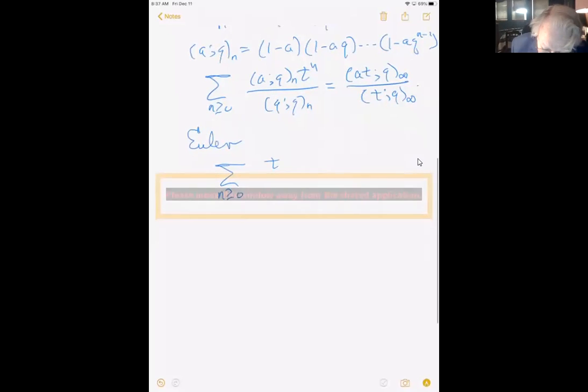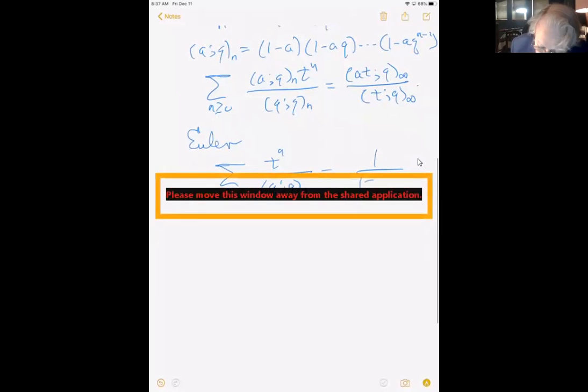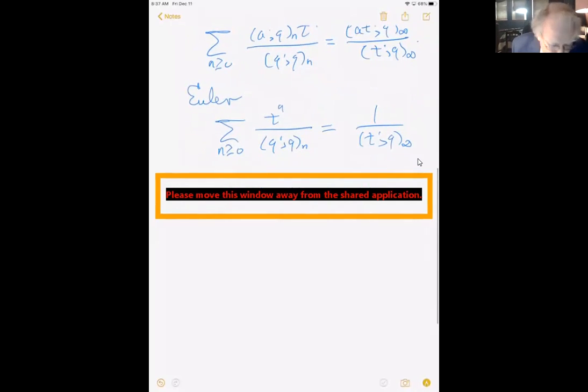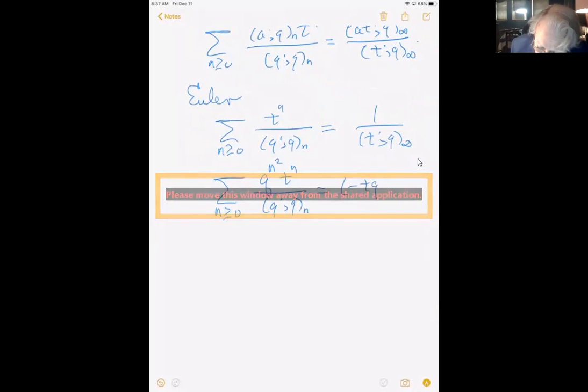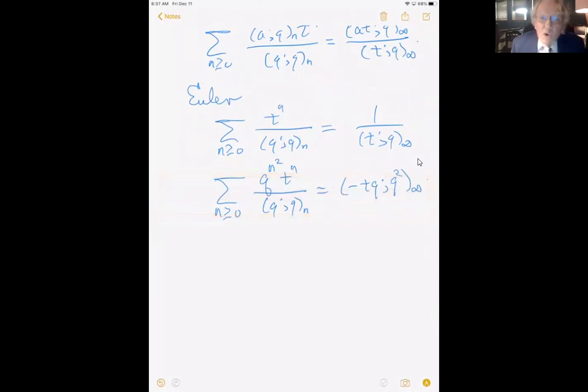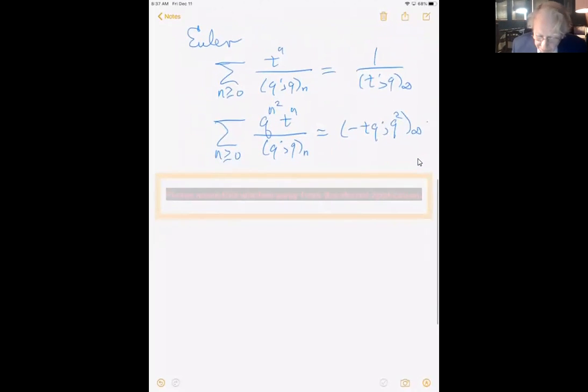What happens when a is equal to 0? 1 over (t; q)_infinity. And another limiting case, which I will write as follows: summation n of q to the n squared t to the n divided by (q; q)_n equals minus t q squared infinity. Both of these are corollaries of this result.